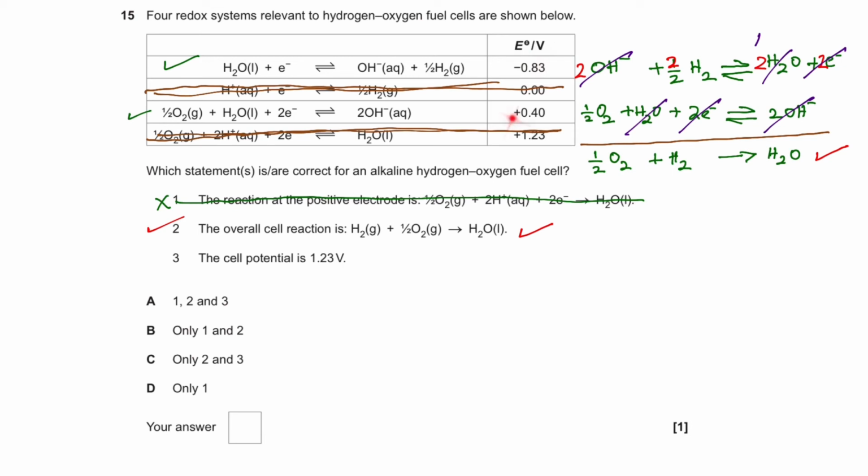You add 0.4 plus 0.83, and that gives 1.23 volts, which means this is now correct. Remember, this is minus because you reversed it, so that voltage is reversed. We add them together, and therefore this is correct.